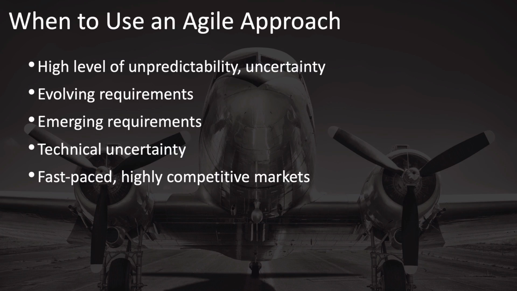It is most useful for projects that have a high level of unpredictability or uncertainty, projects that have evolving requirements in that the details of the requirements or the coordination amongst people is something that isn't fully understood at first, and an understanding of these evolves over the course of the project, or emerging requirements in which new requirements pop up along the way, or for projects that have a high degree of technical uncertainty about how and if this can be done.